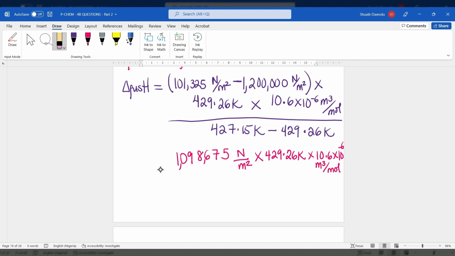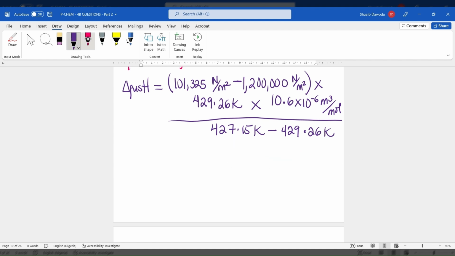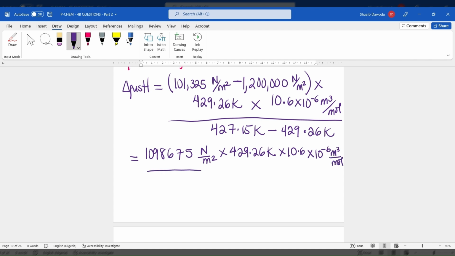Sorry, let me rewrite this so that it's cleaner and there's no confusion for anyone. So you end up with 1,098,675 Newton per meter squared times 429.26 Kelvin times 10.6 times 10 raised to the power of negative 6 meter cube per mole, divided by negative 2.11 Kelvin.